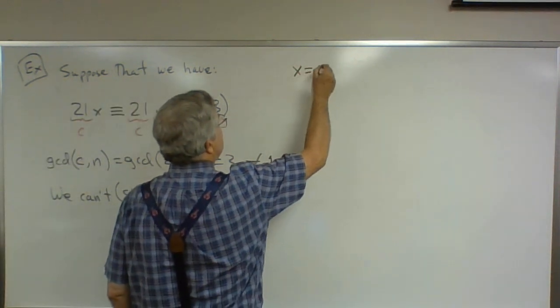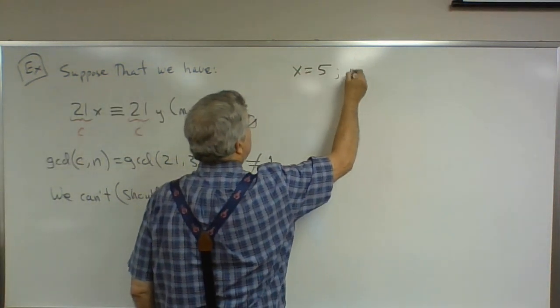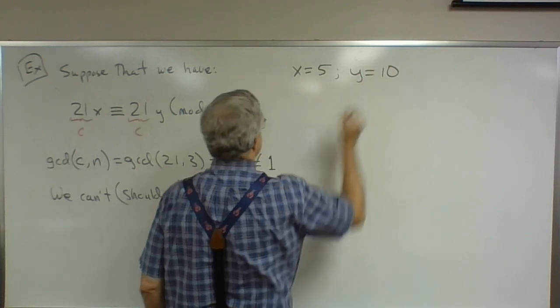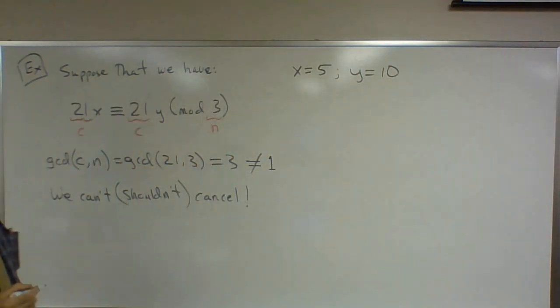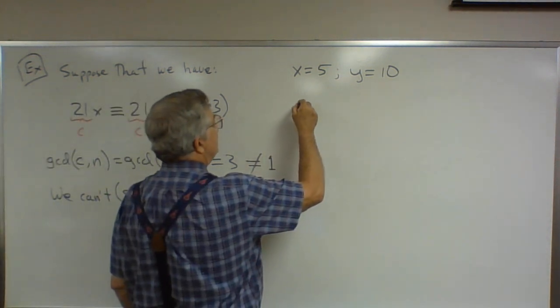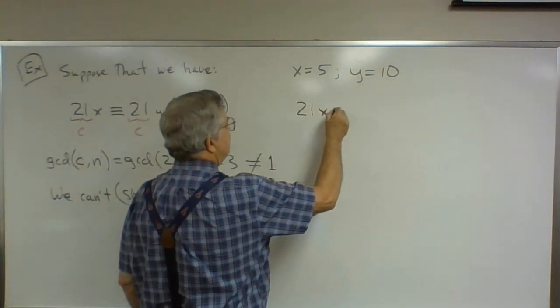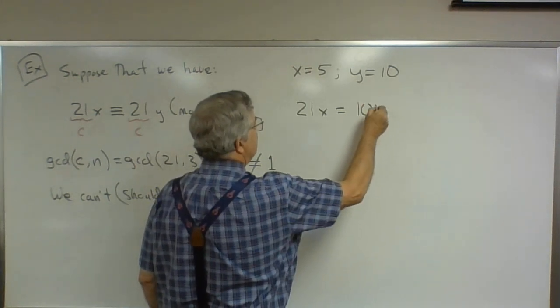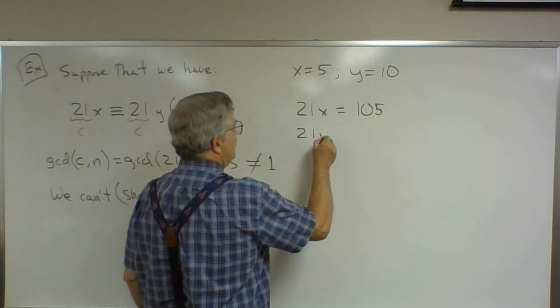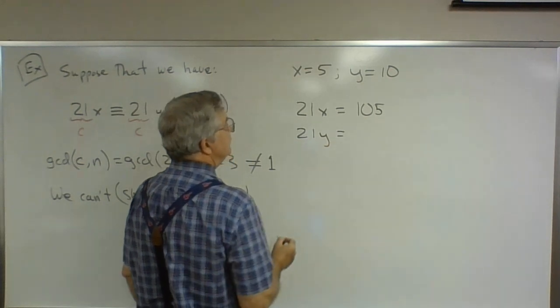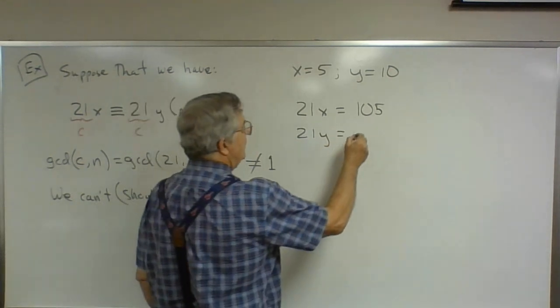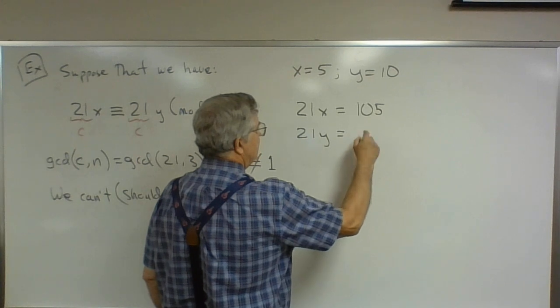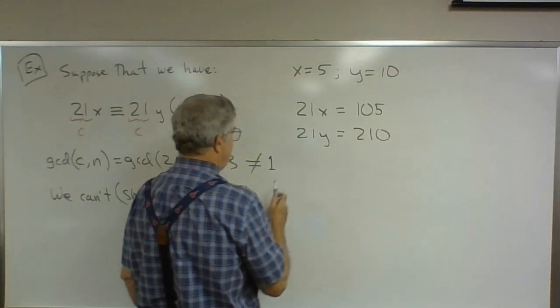Let's let x equal 5 and y equal 10, and let's see what happens. 21x is equal to, what, 105? 21y is equal to 210.